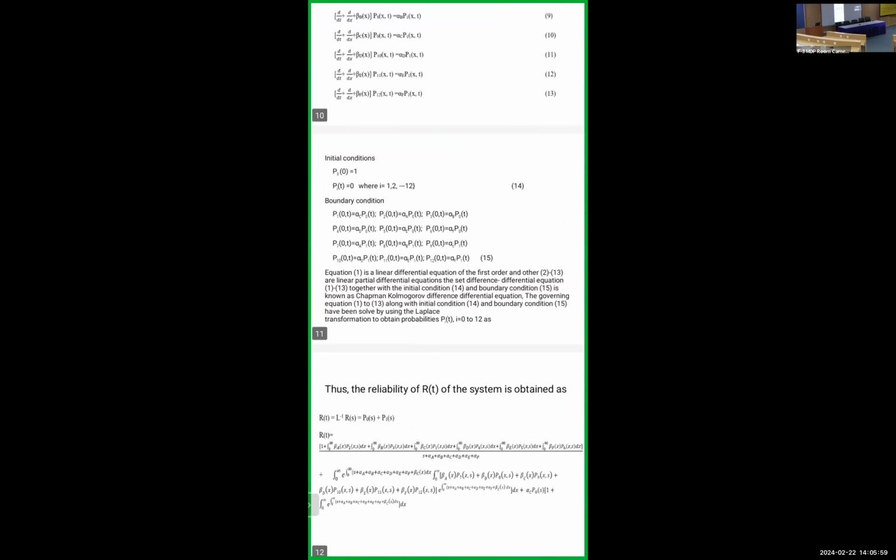In this model, we take initial conditions and boundary conditions, and use a Laplace transformation for obtaining the reliability and availability of this model. This is the reliability of the system. We have an equation.